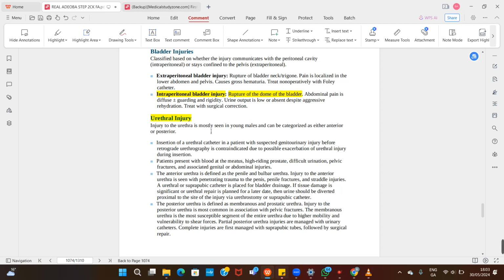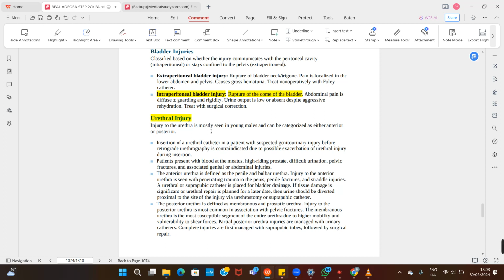The urethral injury is much more common in males because females have a shorter urethra, right? So males have a longer urethra. You have two classes of urethral injury, just like in the bladder. You have the anterior and posterior. This is not categorized based on peritoneal covering, but just based on the position, anterior and posterior.